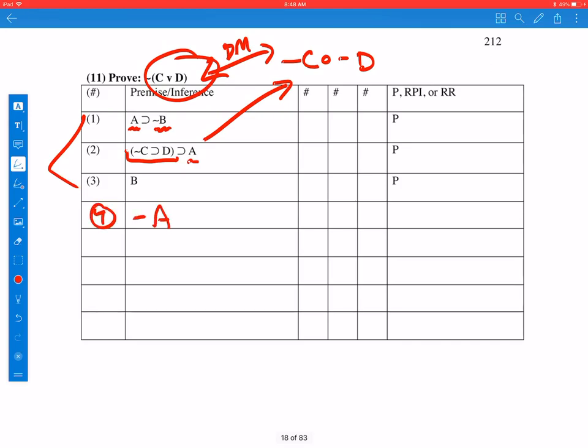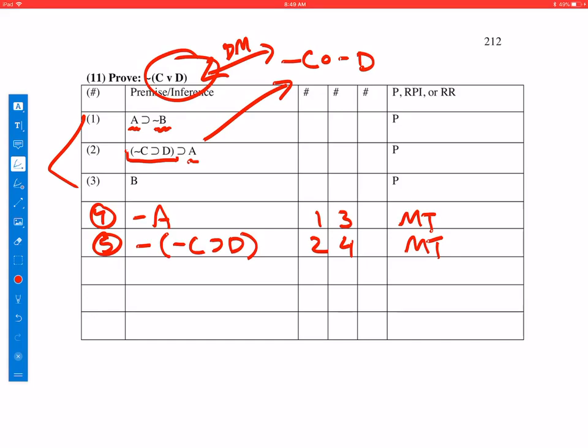And I do on line 3, so I can do a modus tollens and get not A, 1, 3, modus tollens. And with that not A, I can do a modus tollens on line 2, and I get not C, then D, from 2 and 4 modus tollens. Now this is a long way away from the conclusion I'm after, but we can start using some of our rules.